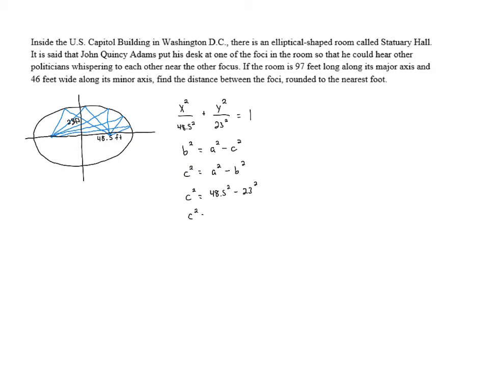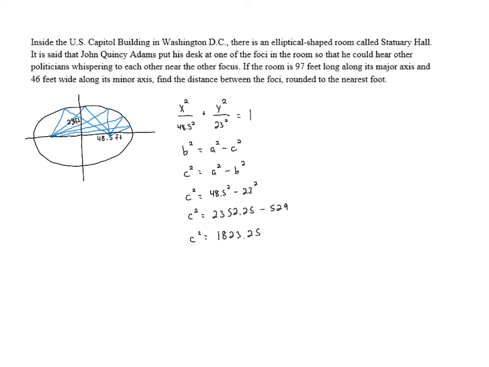Now, using a calculator, 48.5 squared is 2,352.25, and 23 squared is 529. When we take the difference, that tells us that c squared is 1,823.25.